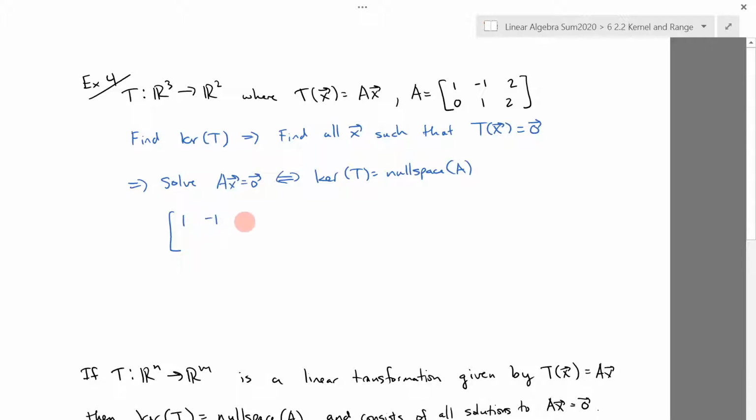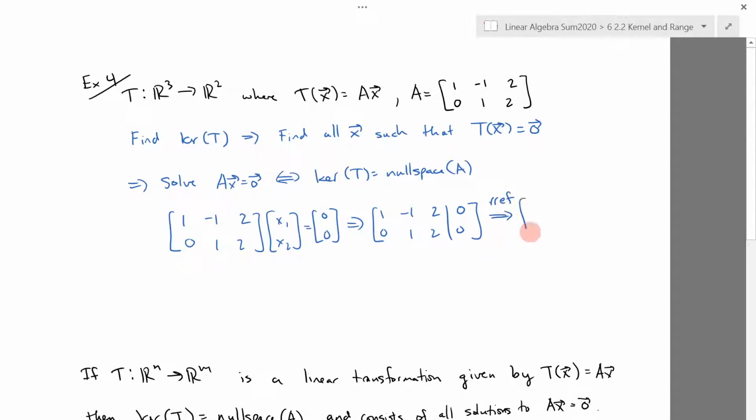Because it just means we're solving this times (x1, x2) is equal to (0, 0). And then this is the augmented matrix 1, negative 1, 2, 0, 1, 2, 0, 0. And then if we put it into row reduced echelon form, this is not too difficult, because we just need to add the second row to the first row.